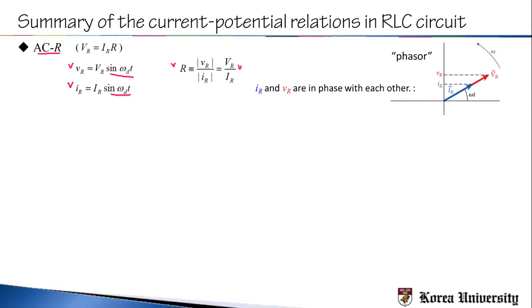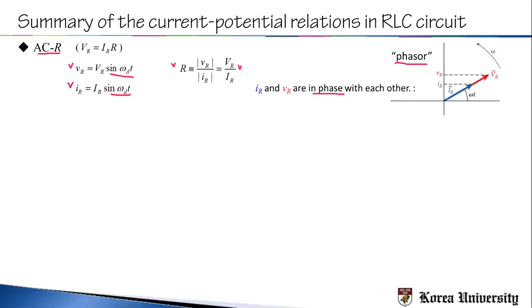Again they are in phase, and in order to see that this current and potential are in phase, we will in this case use something called the phasor instead of the sine functional graph. The phasor is something like this.